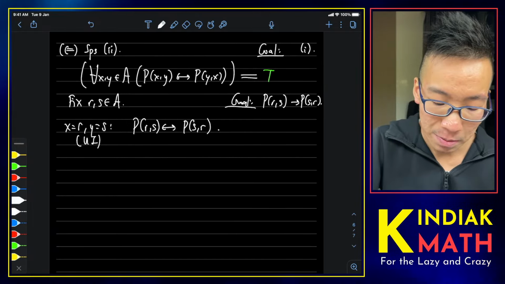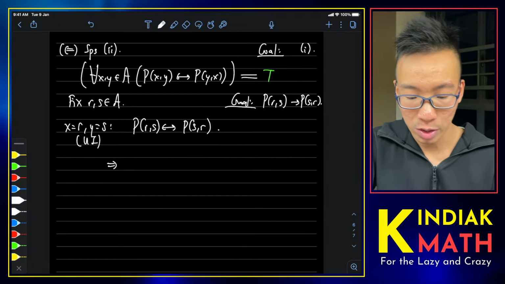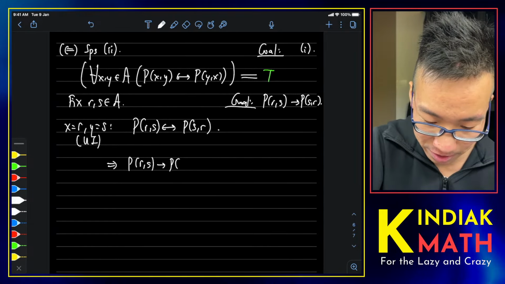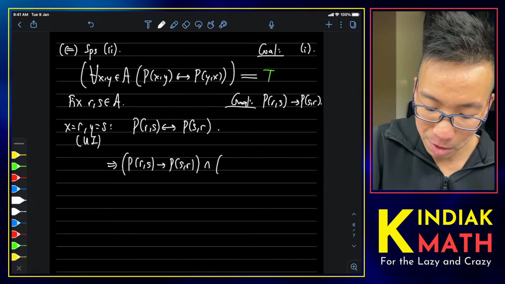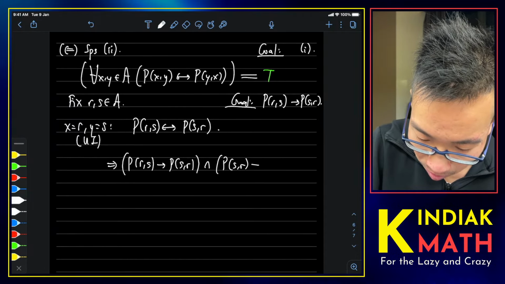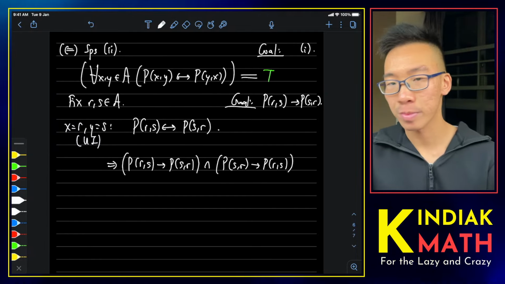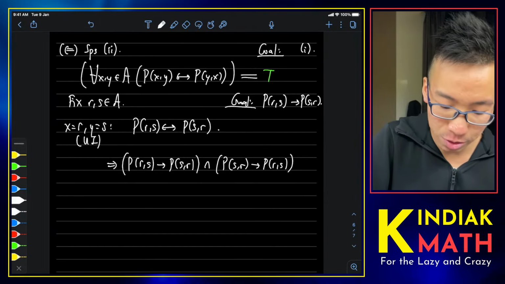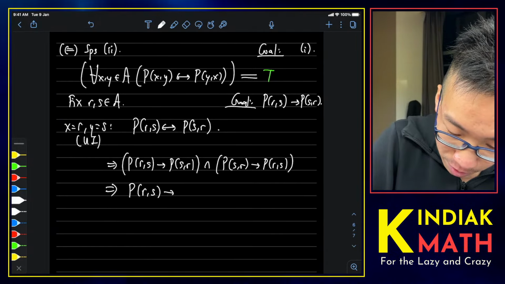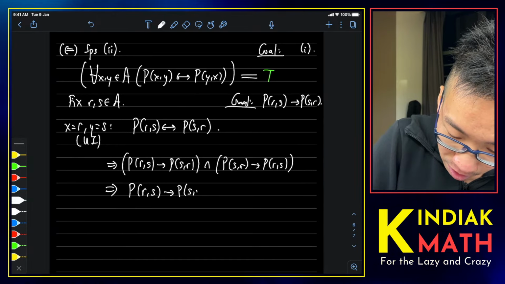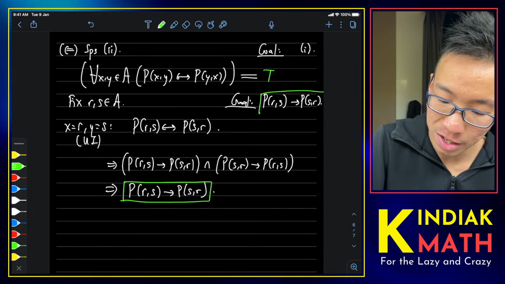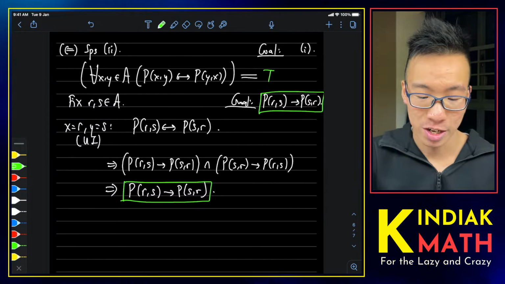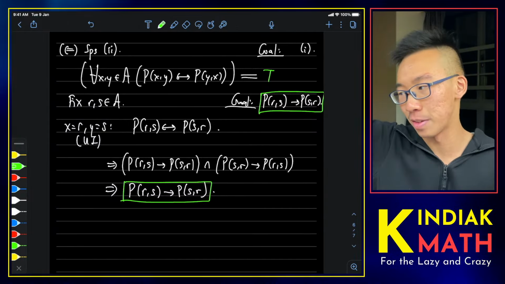This means that we get the two directions as both being true. This is from a tutorial exercise. But if both parts are true, then each one of them is true. This is precisely the goal that we had in mind. So this is the sleight of hand approach pertaining to this question, or at least the previous part of the question.